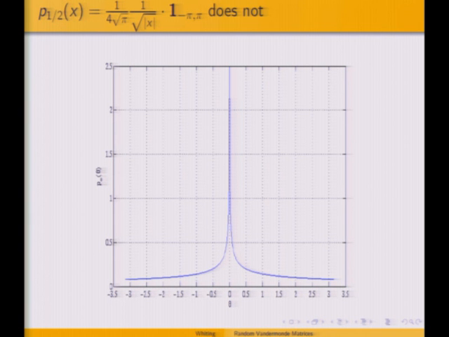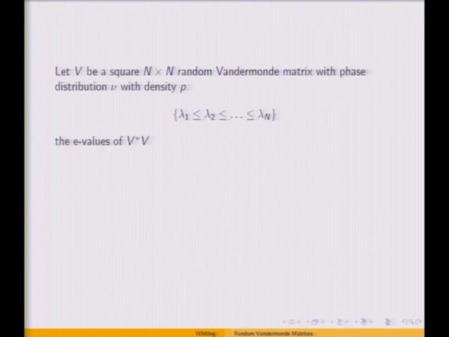In this case, the first two moments, I think, exist for the limit, but not beyond. Because our analysis is based on the existence of the limits of the moments, we simply do not know in this case whether there's a corresponding limiting distribution for the limit of the Vandermonde matrix.